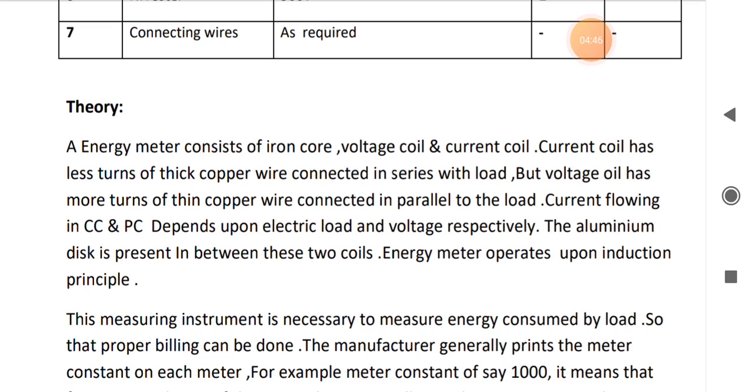Current flowing in the current coil and pressure coil depends upon the electric load and voltage respectively. The aluminum disc is present in between the two coils. The energy meter operates upon the induction principle.